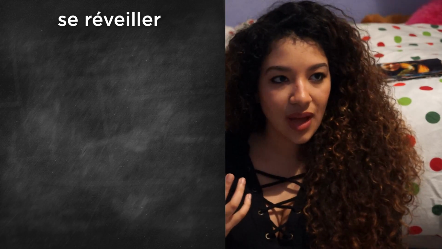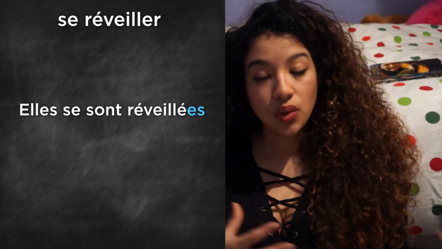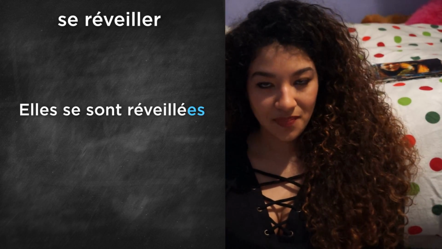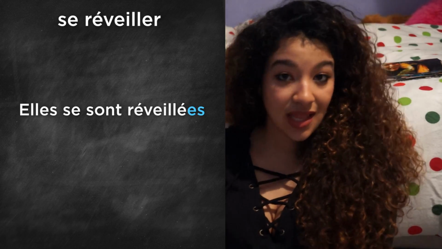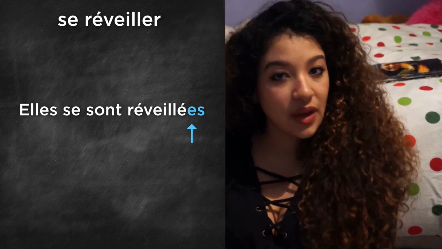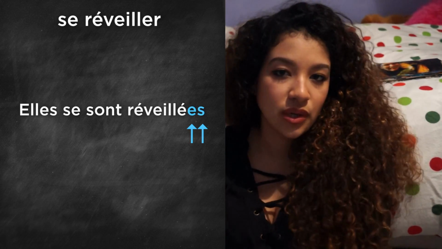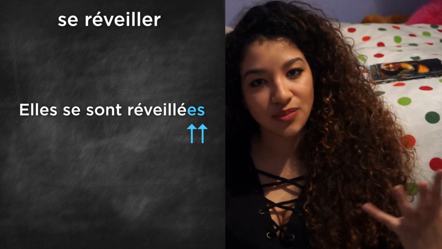If, for example, I was talking about a group of girls who woke up, I would say elles se sont réveillées. And instead of putting just an e at the end, I would put an e after the accent aigu because one, they are girls, and then I would put an s as well because it's plural. There's multiple girls. Do you see what I mean?